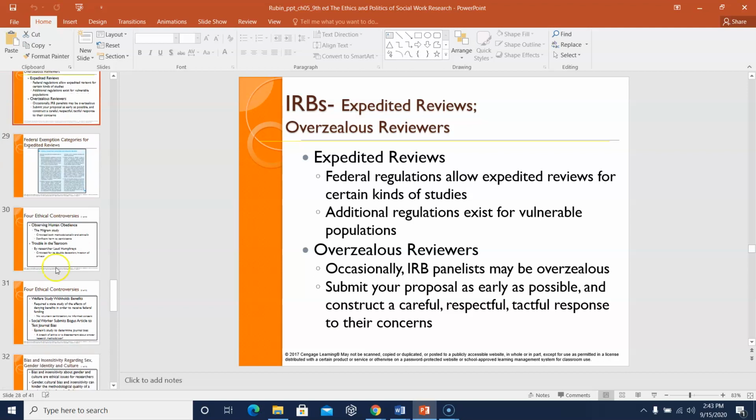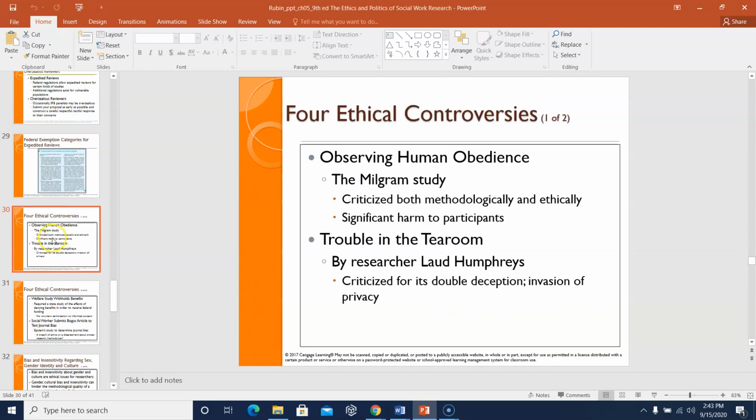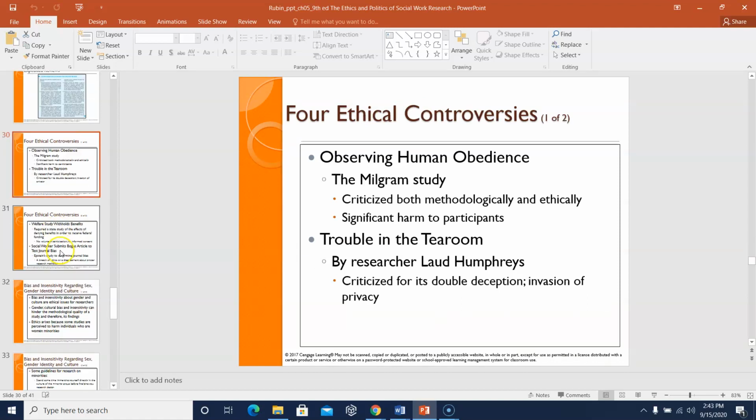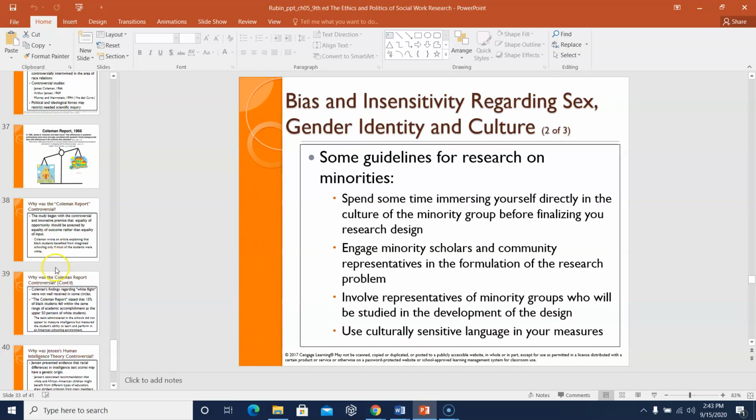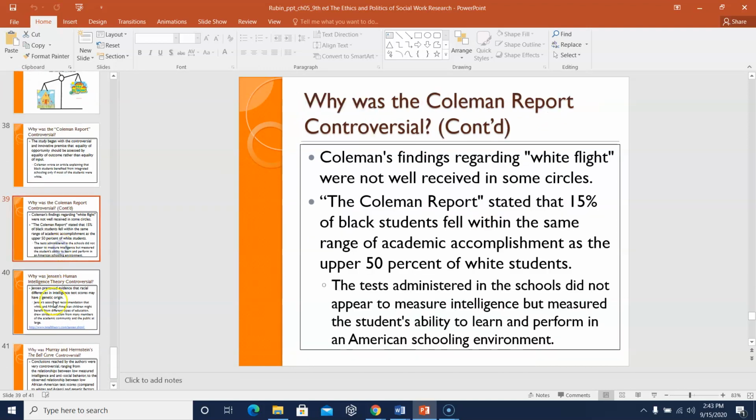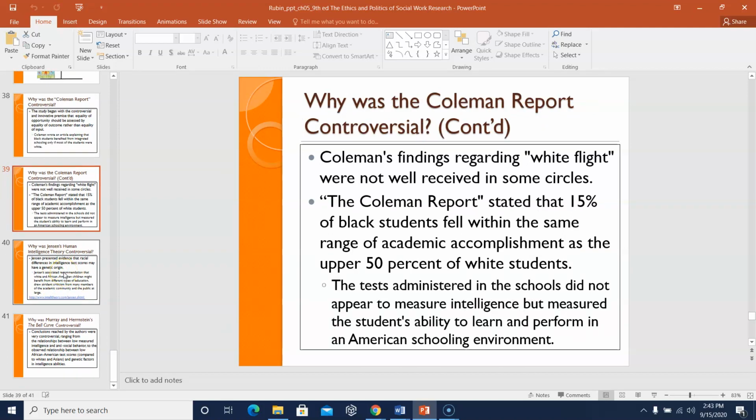I could keep on going, but I'm not going to. The last thing I'm going to say is justice. You want equality, and you want enough people represented in terms of gender.